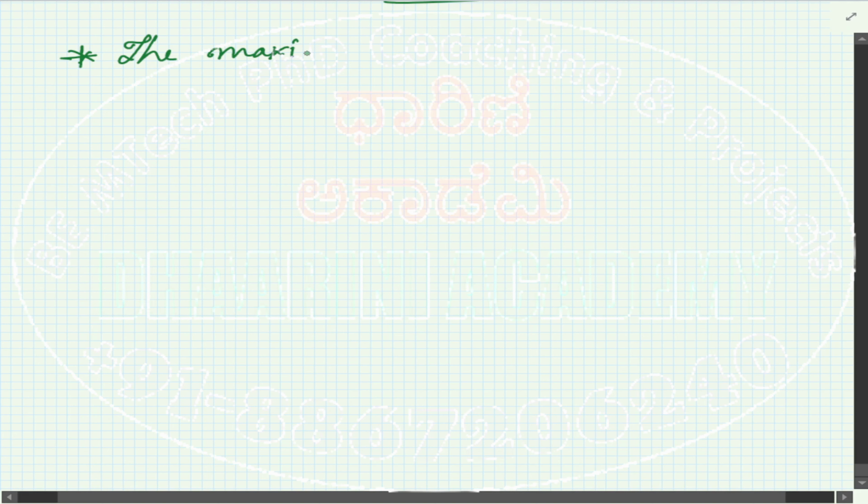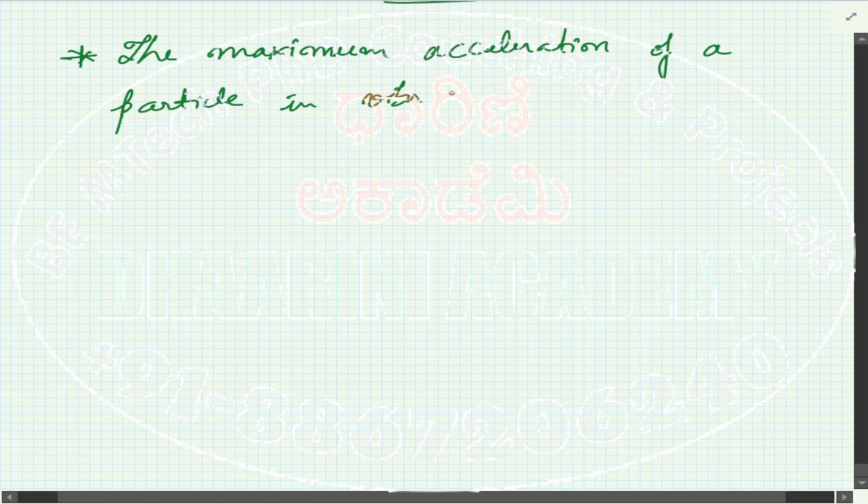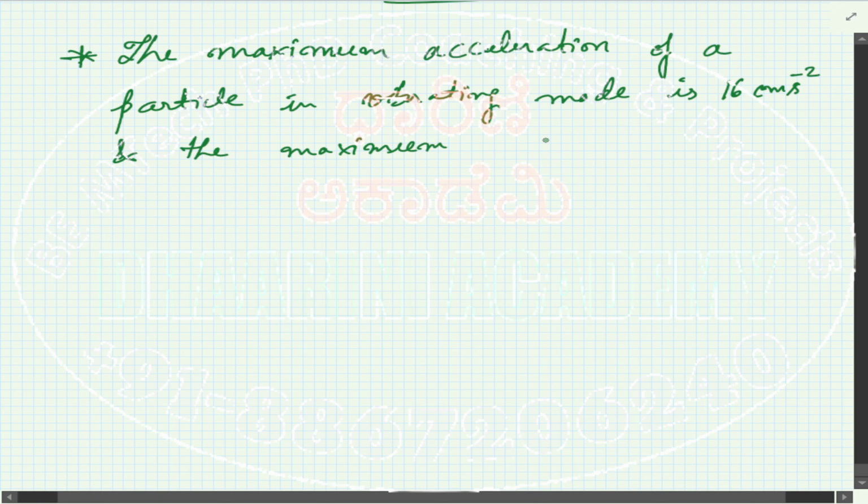The maximum acceleration of a particle in vibrating mode is 16 centimeter per second square, and the maximum velocity is 8 centimeters per second.